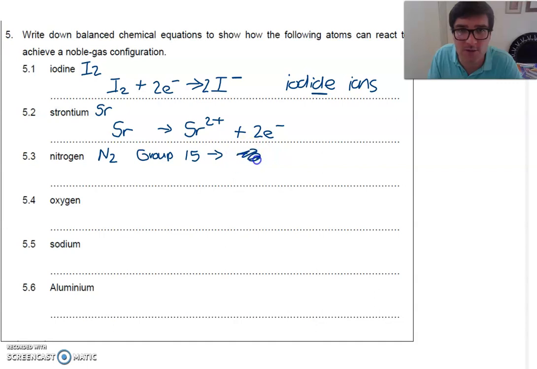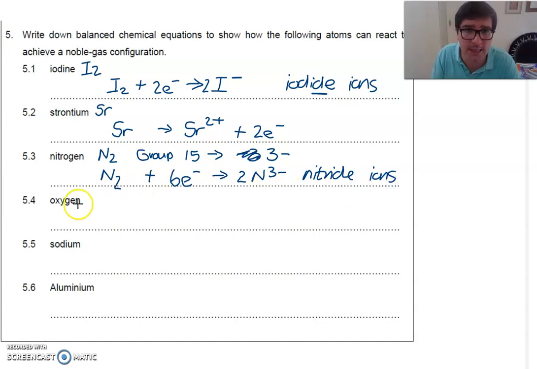So N2, if I've got 2 nitrogen atoms, I would need not only 3 electrons, I would need 6 electrons for both of them, so that they could have 2 nitride ions with a charge of 3 minus. So we say these are nitride ions.